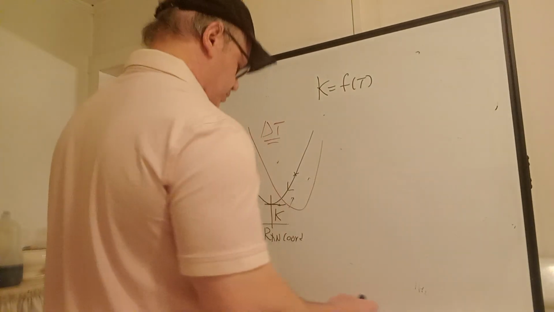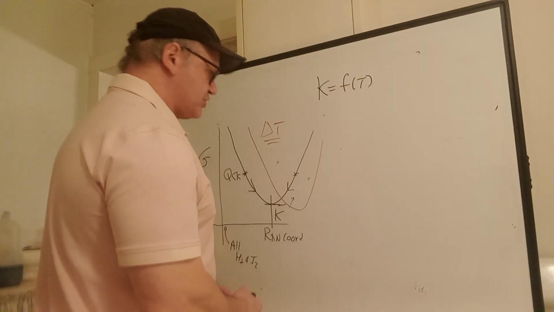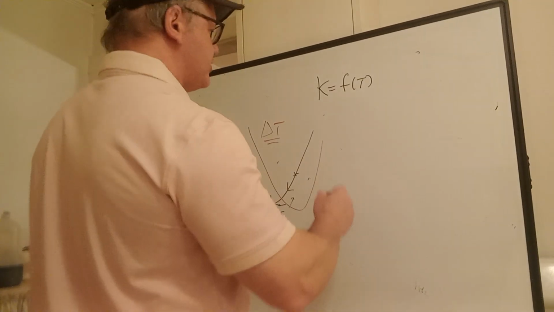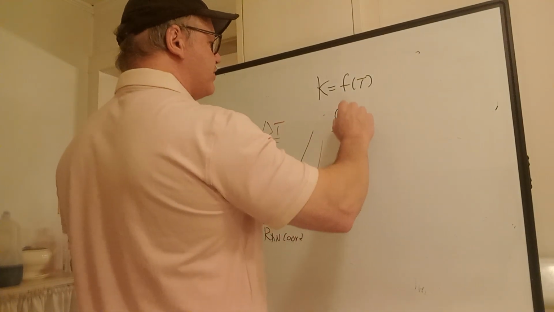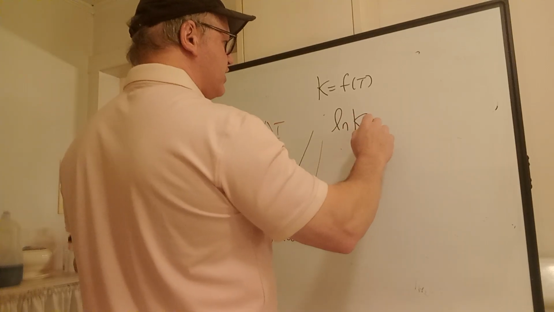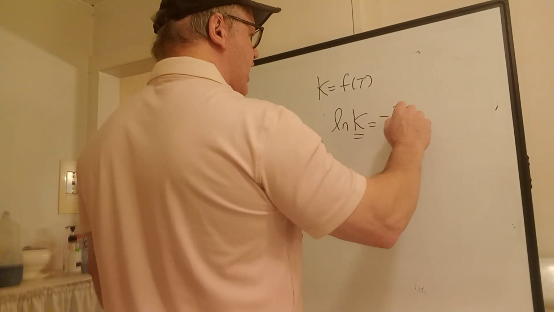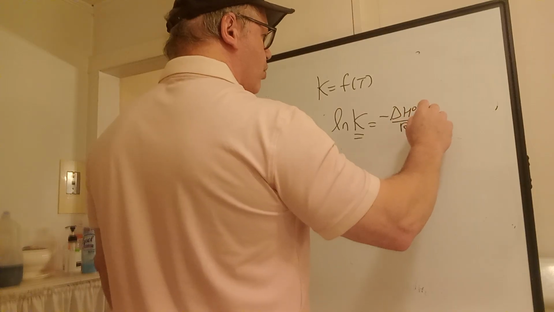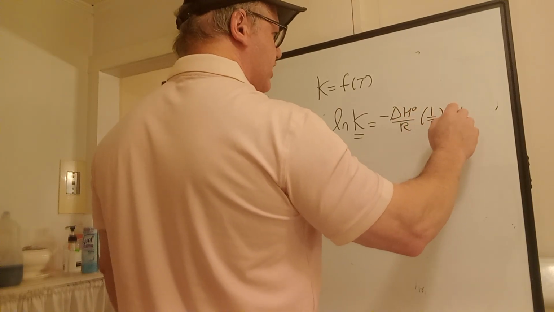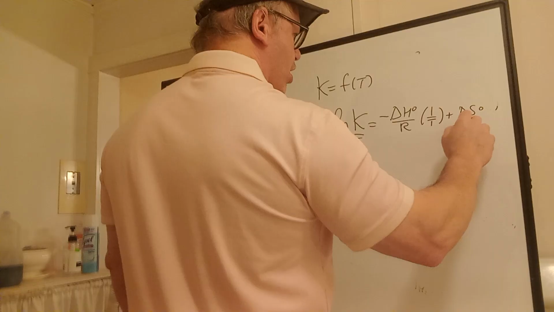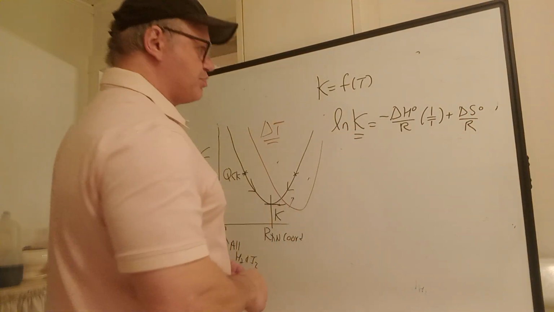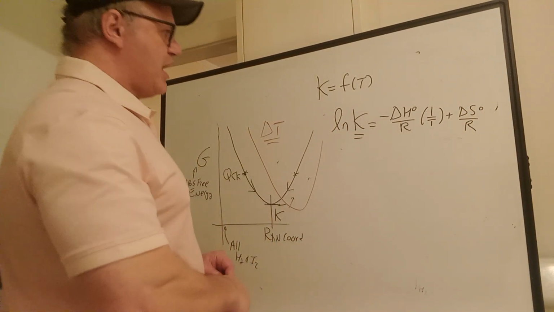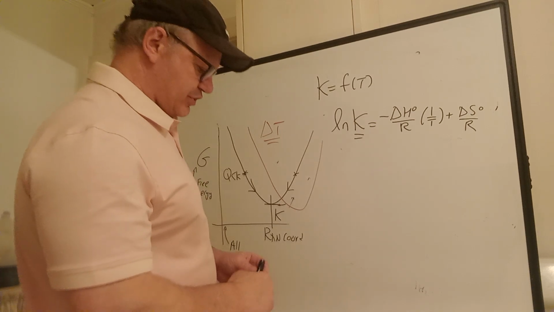Now, I'm not going to explain Le Chatelier's principle. We derive the relationship where ln of K, the equilibrium constant, is equal to negative delta H naught over R times 1 over T, plus delta S naught over R. We derive that from an expression that linked together K and delta G naught, the standard state.